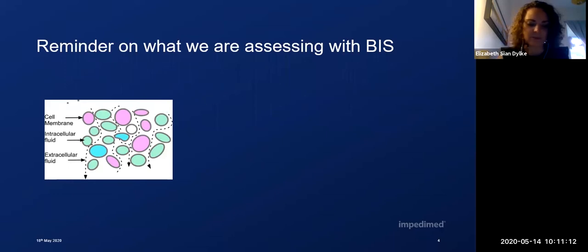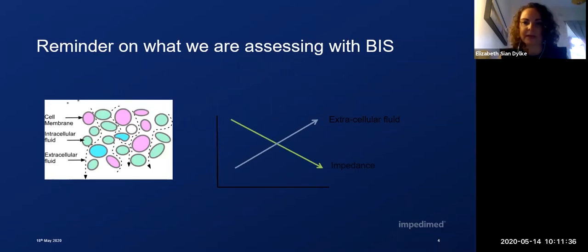The current can be passed through the tissue at a range of frequencies, but at lower frequencies, the current cannot enter the cellular walls and therefore passes through the extracellular space. The resistance or the impedance that the current faces as it travels through this extracellular fluid is inversely proportional to the amount of fluid that is there. So as the quantity of fluid goes up, the measured impedance goes down, and vice versa.